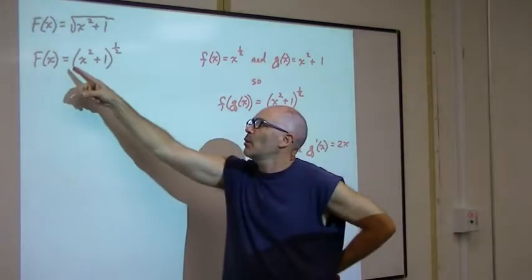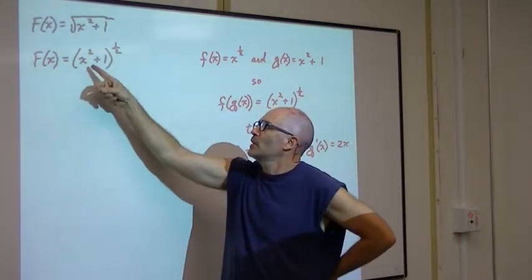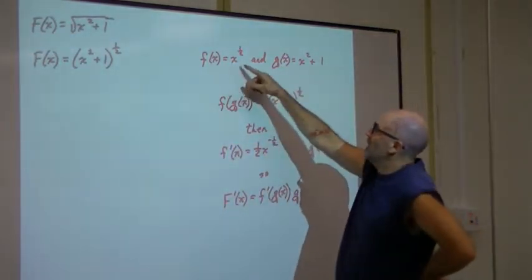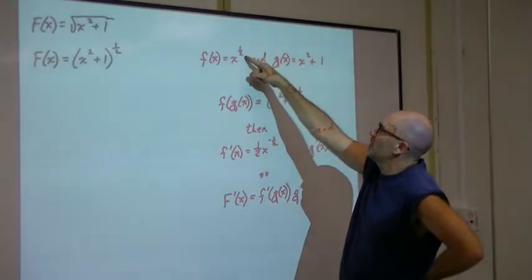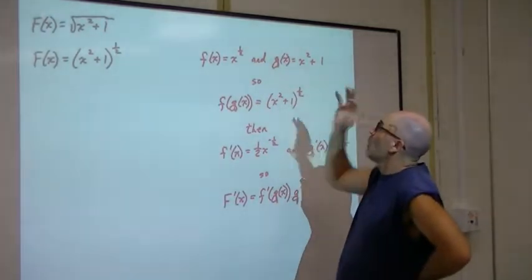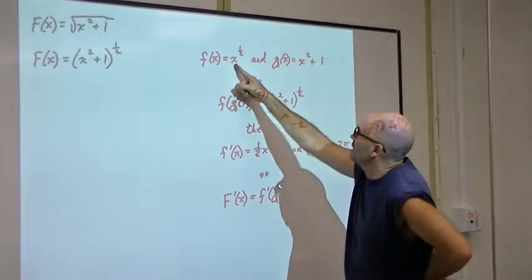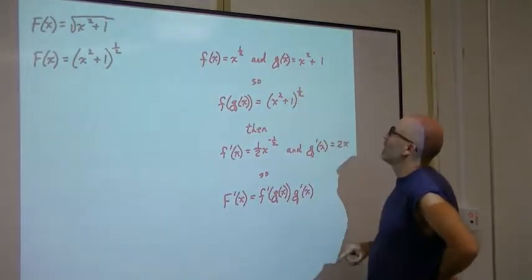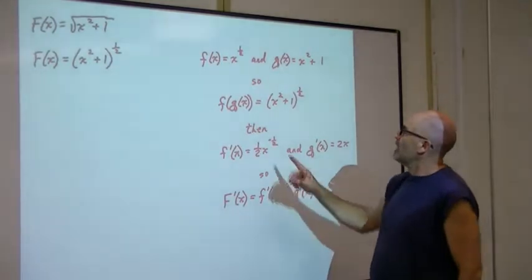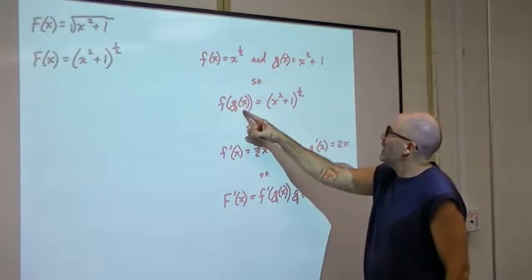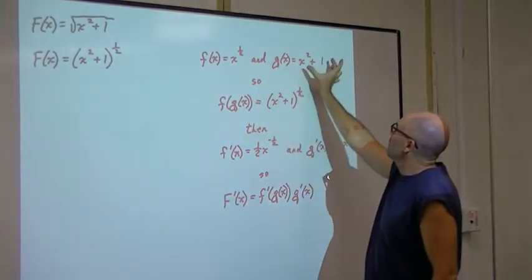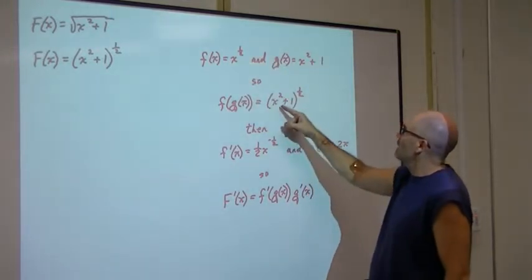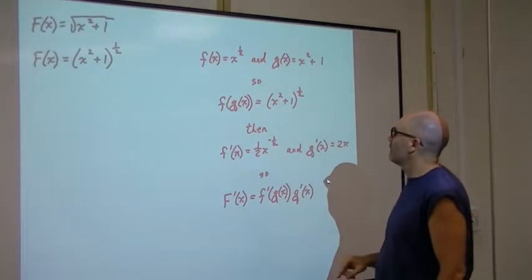See, all I did here was say, let's make our square root the 1/2 power. So small f of x is my parenthesis to the 1/2 power. Now what's inside that parenthesis is the g of x function, which is x squared plus 1. So that means f of g of x is going to be plug the g function into the x here, and I get x squared plus 1 to the 1/2.